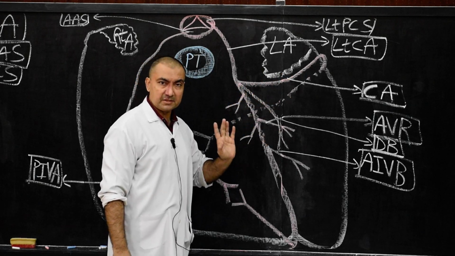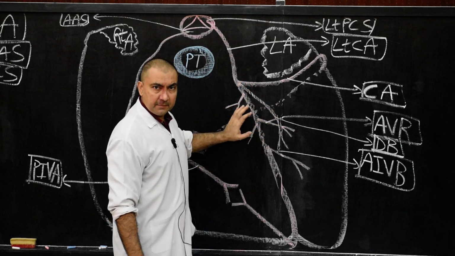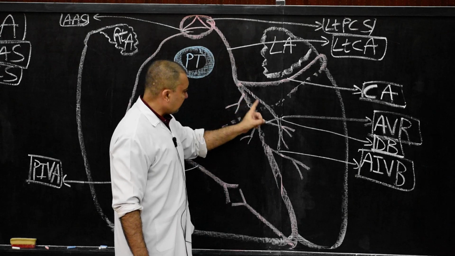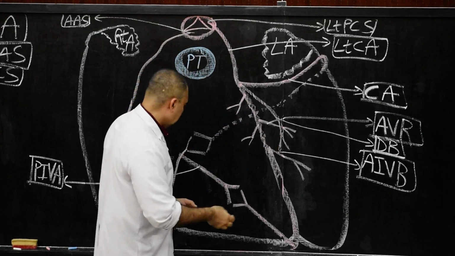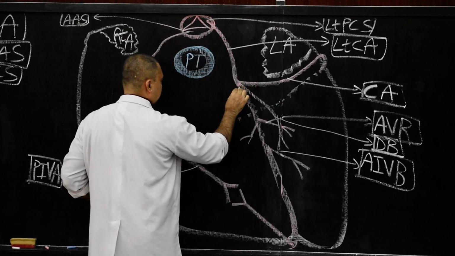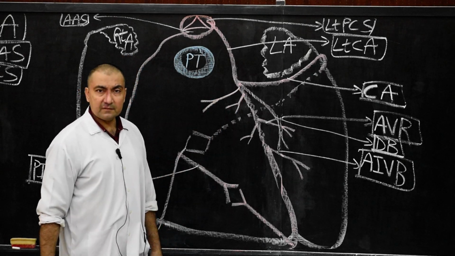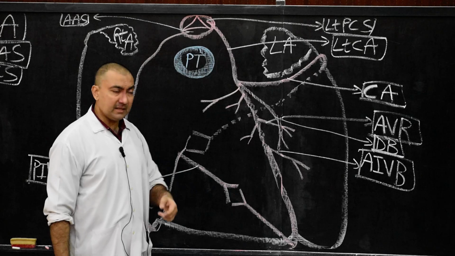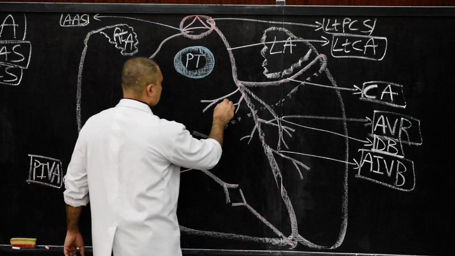So diagonal branch. First, the anterior ventricular rami, second diagonal branch, and third one, very interesting. This third one will be from here: the anterior interventricular will give origin to the left side as the left conus artery.